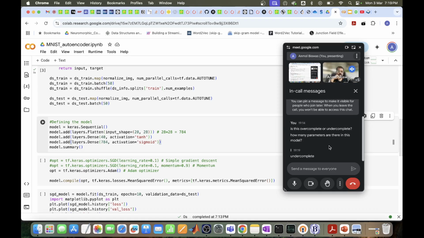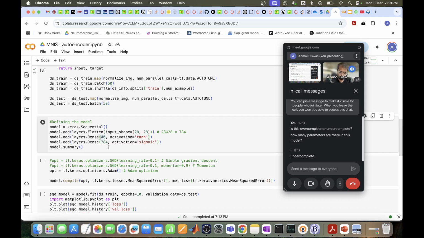So this is in fact indeed an undercomplete autoencoder. It's correct, because we're going by the definition: input and output layers have 784 neurons, and what we have here is just 40 neurons.